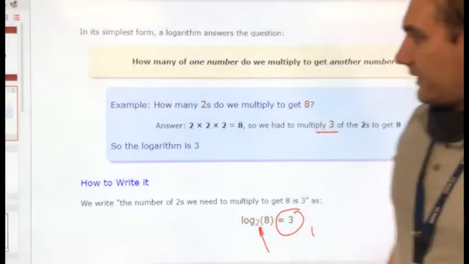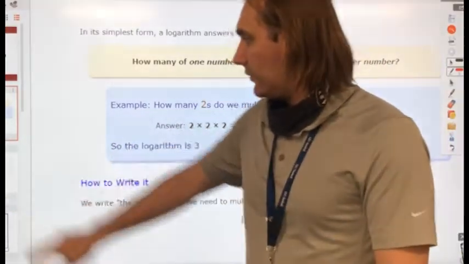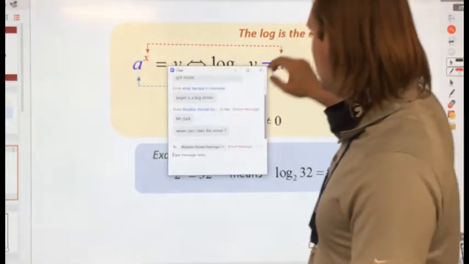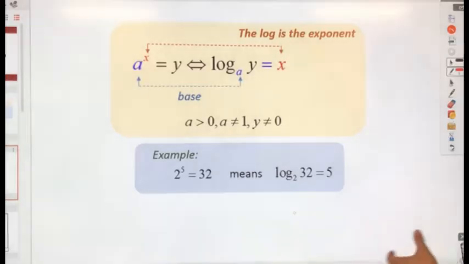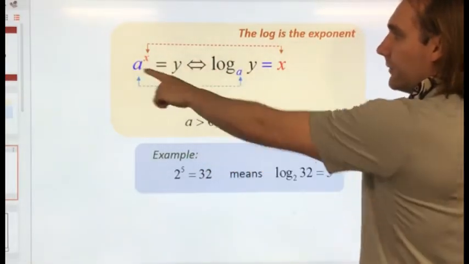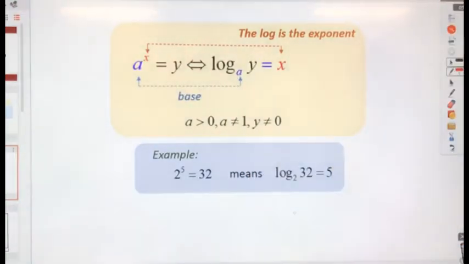The big takeaway for today is, since we've been talking about exponentials and logs, let's look at how to convert between exponentials and logs. So, the standard format for my exponential function is a to the x power equals y. I have some number, I'm raising it to some power, and that equals another number.